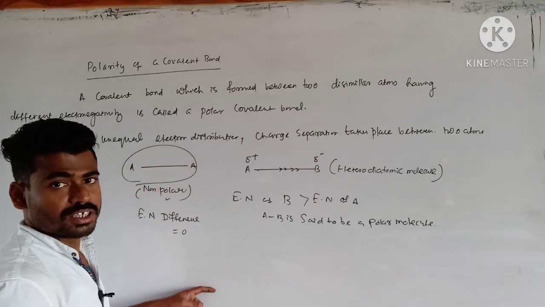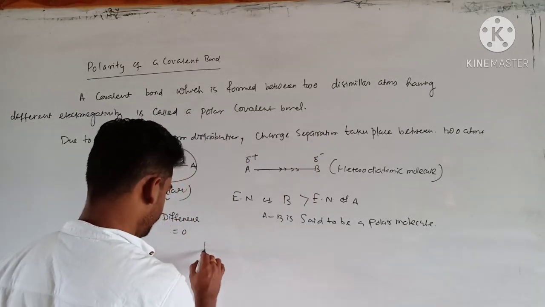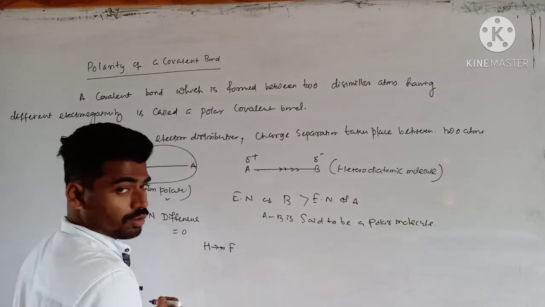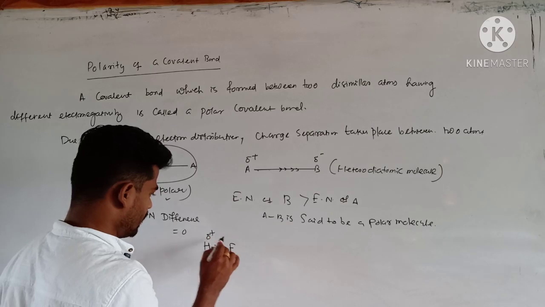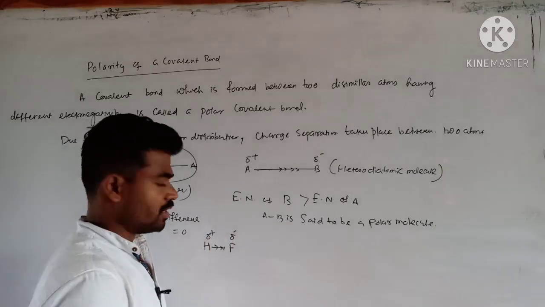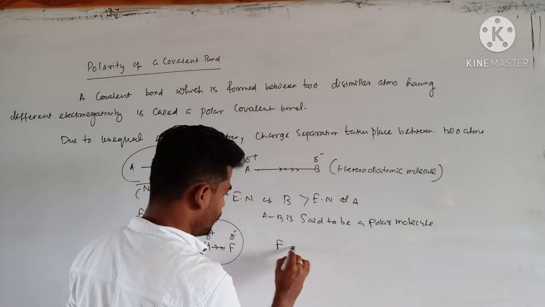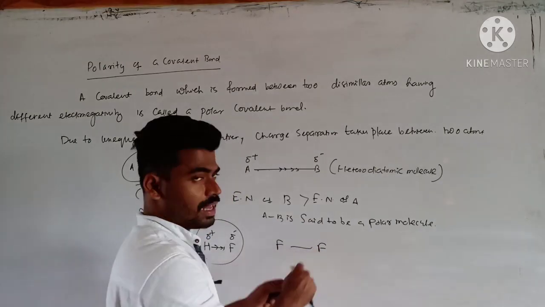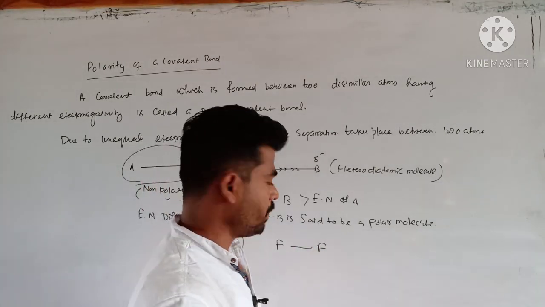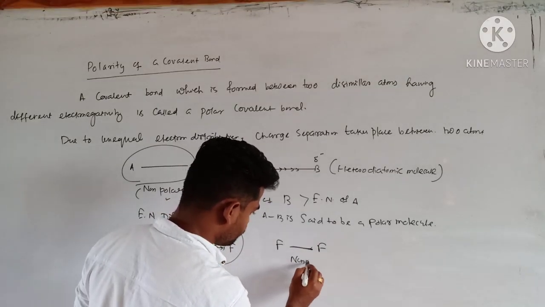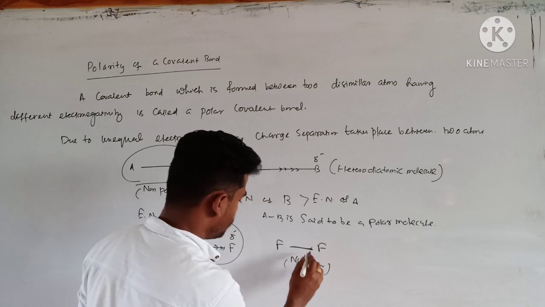Likewise, if I consider HF, here fluorine is more electronegative, so hydrogen gets delta plus and fluorine gets delta minus. So this one is a polar molecule. If I consider F2, then tell me, due to similar atoms there is no electronegativity difference between these two atoms. That's why this is a non-polar molecule.